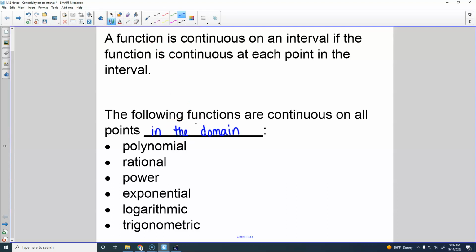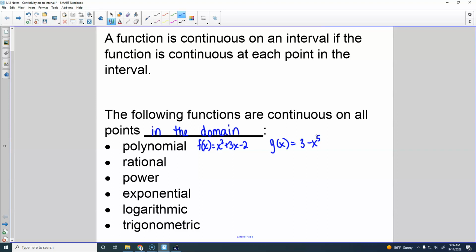Alright, so the following functions are continuous for all points in the domain. Polynomial functions, that's just like, it could be f of x equals x squared plus 3x minus 2. Or it could be g of x equals 3 minus x to the 5th. Basically, you just have x's raised to powers.